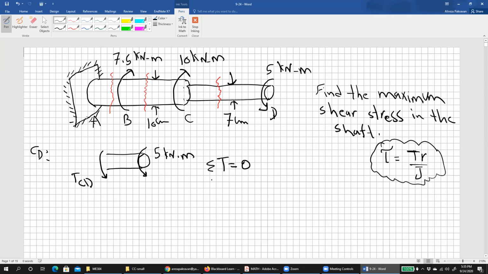So you can set TCD plus 5 equals 0, and then TCD would be negative 5 kilonewton meter, right? This is for segment CD. And then for segment CB, let's find all the torques, and then we can talk about the shears.